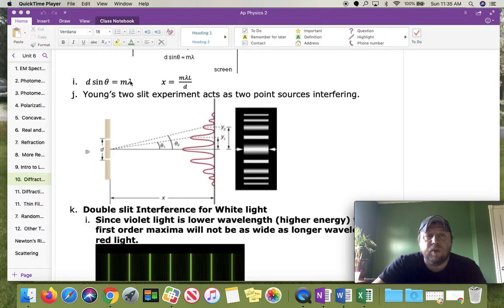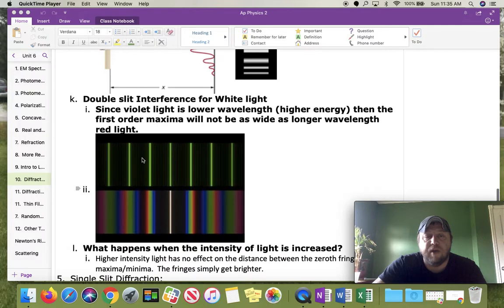If we look at this equation, we get a longer wavelength, and that's proportional to the angle. So if red light, 700 nanometers, we're going to get a larger angle of diffraction than we would for violet light, because violet light's 400 or 450 nanometers, and we would end up with a smaller angle of diffraction.